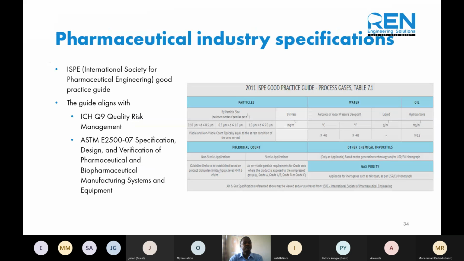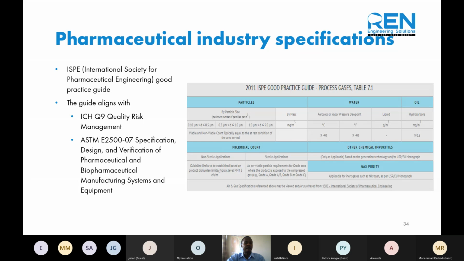What is the guidance for the pharmaceutical industry? Here we have the ISPE Good Practice Guide, and they don't specify a specific limit for particles, but for water, they are very clear that the minimum quality should be negative 40 degrees Celsius pressure dew point, while for oil, it should be less than or equal to 0.5 milligram per meter cubed.